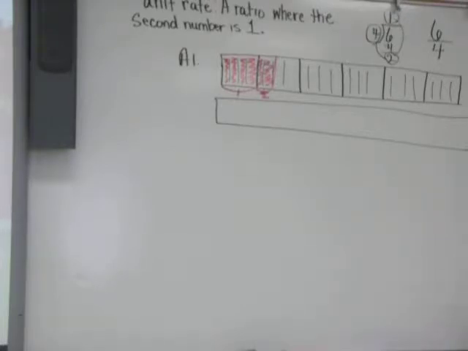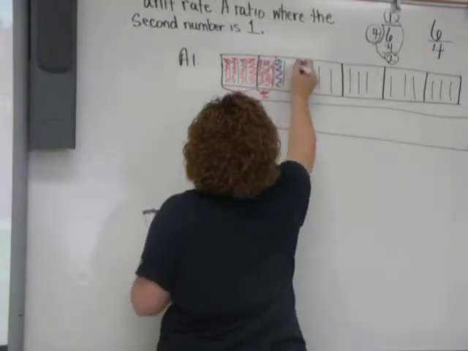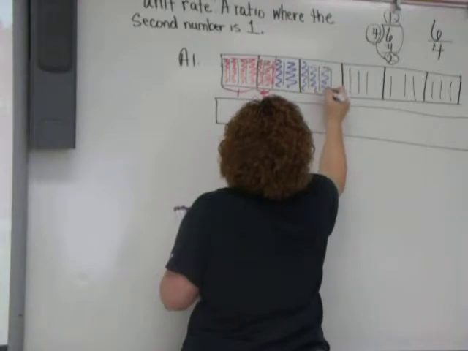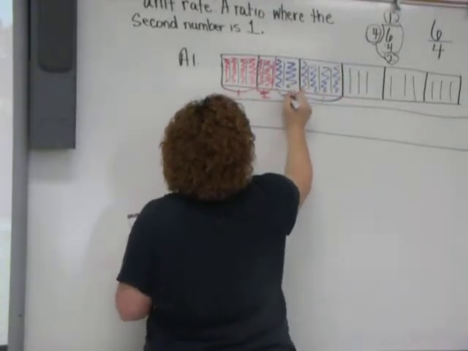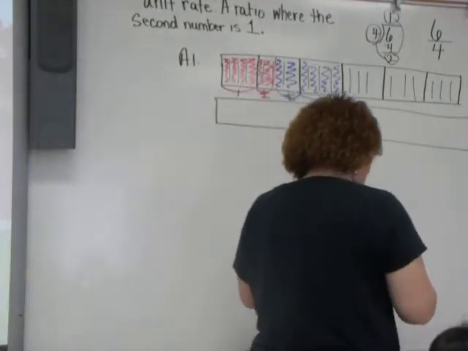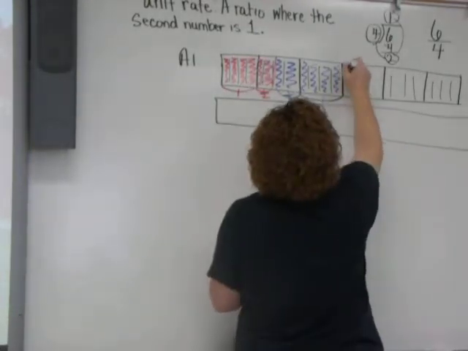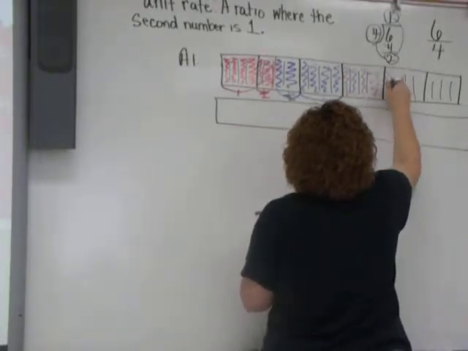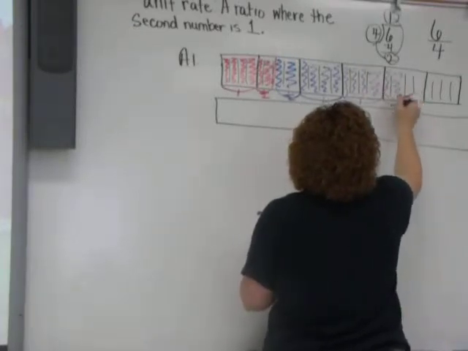Now again, that's 4 people. So person 2 would have got 1, 2, 3, 4, 5, 6. That would have been their segment and a half. Person 3 would have gotten 1, 2, 3, 4, 5, 6. That would have been their segment and a half.